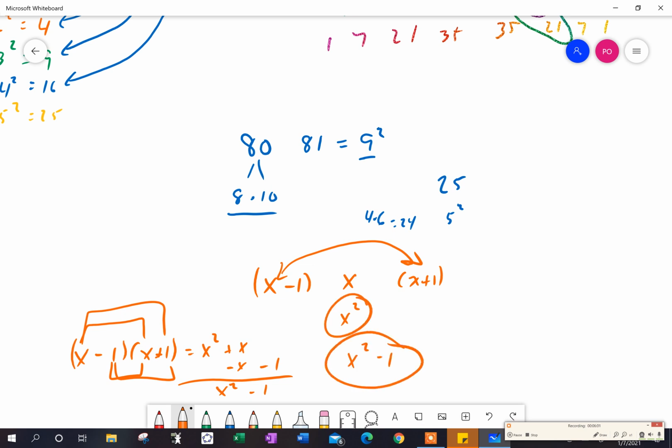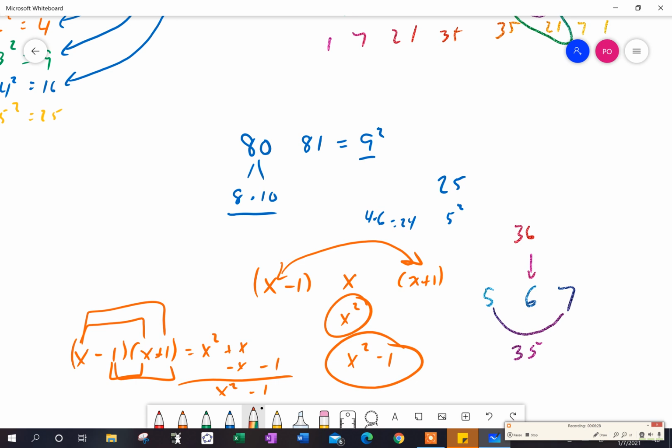What this means is if you pick any 3 consecutive numbers, let's say 5, 6, 7, 5 times 7 will be 35, and 6 times 6 is 36. The square of the middle number will always be one more than the product of the 2 other numbers, the one above and the one below.